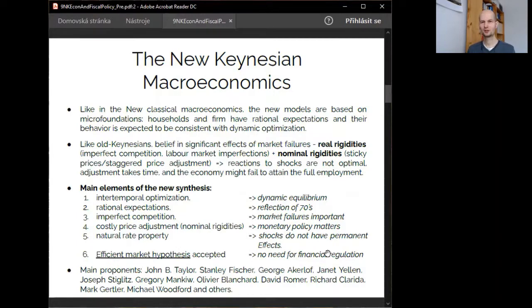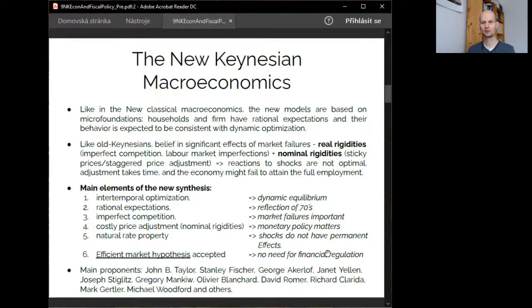On the other hand, like the old Keynesians, these economists share the belief that market failures exist and that the market allocation is not always optimal. Why? Because there are some barriers to adjustment called rigidities. Two types of rigidities were discussed by the proponents of these theories and included in the main macroeconomic models.